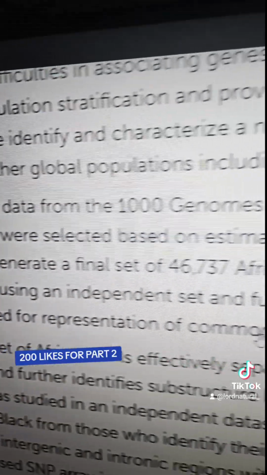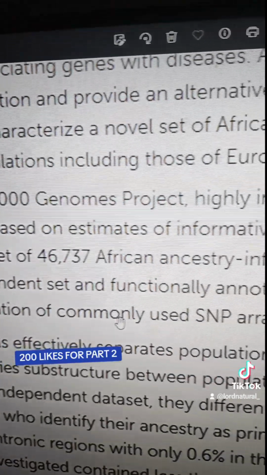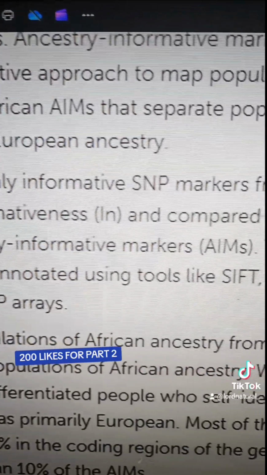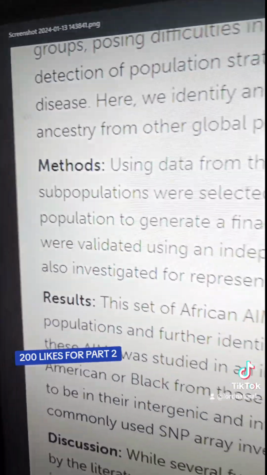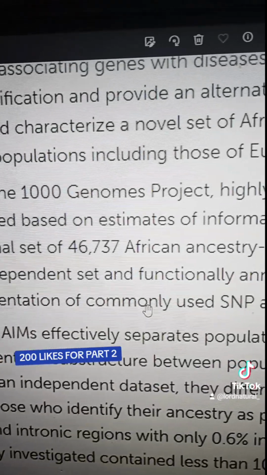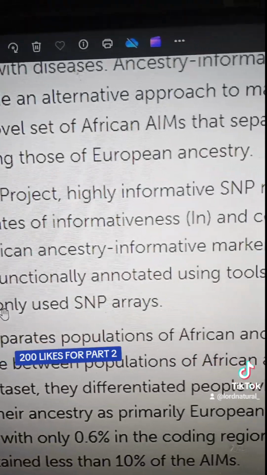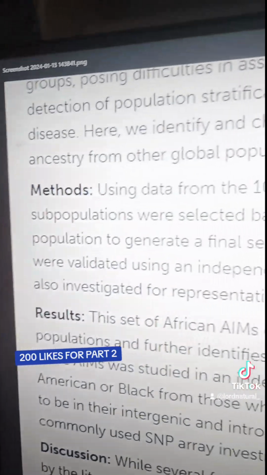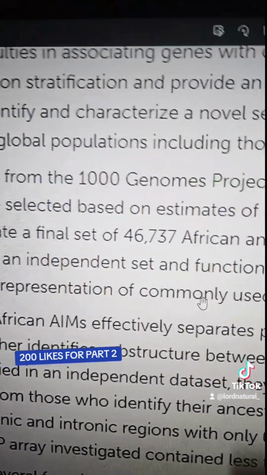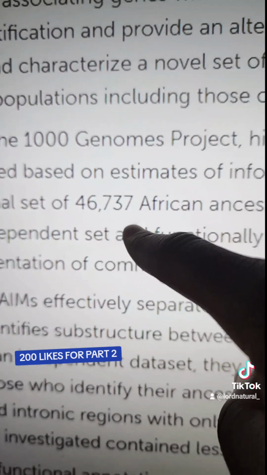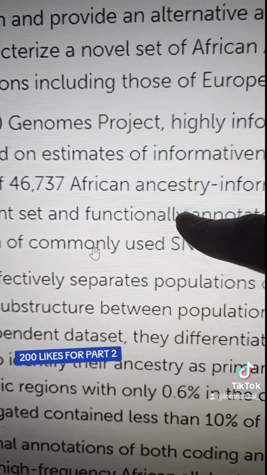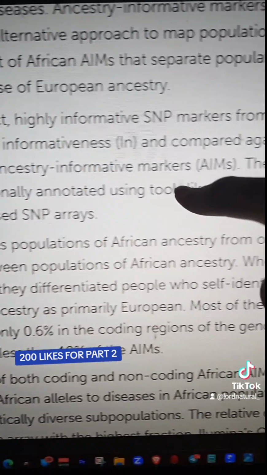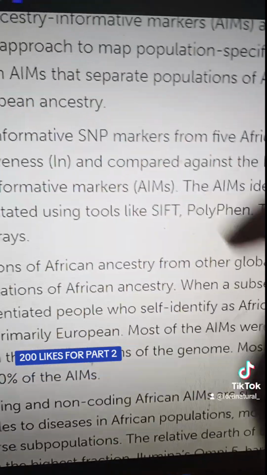Methods. Using data from the 1000 Genomes Project, highly informative SNP markers from 5 African subpopulations were selected based on estimates of informativeness, In, and compared against the European populations to generate a final set of 46,737 African ancestry informative markers, which are called AIMs.